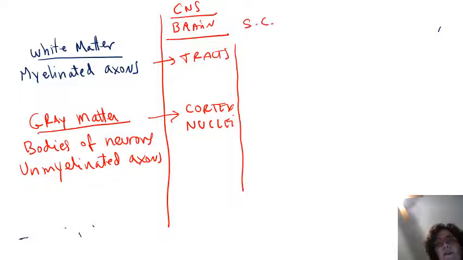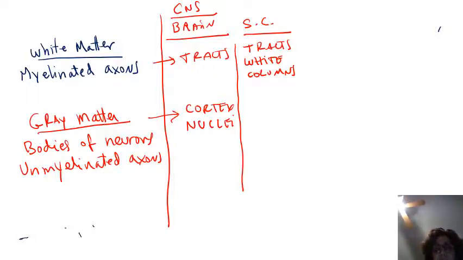In the spinal cord, white matter is found in tracts called white columns. Gray matter is found in gray horns.